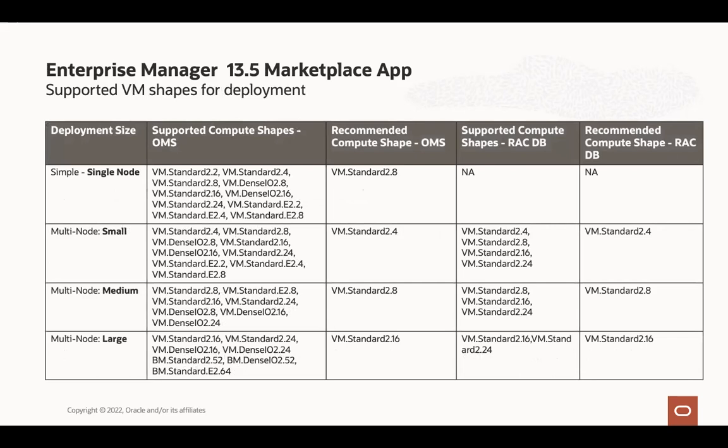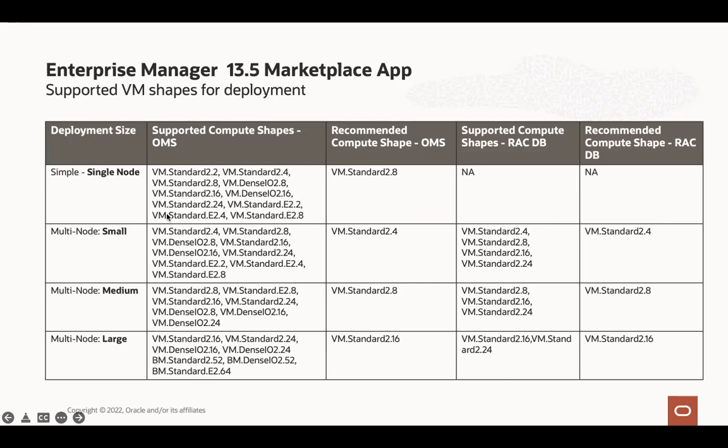So these are some of the recommended configurations for OMS and the supported configuration for them. This is also available for the repository DB. For example, for a simple install, which is a single node installation, these are all the shapes supported with respect to OMS: VM Standard 2.2, VM DenseIO, and VM Standard E2.